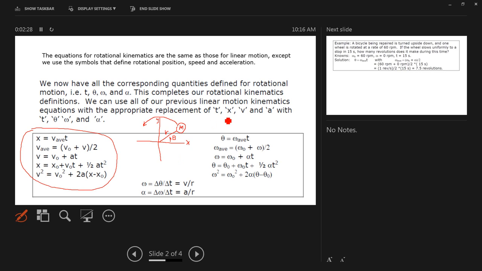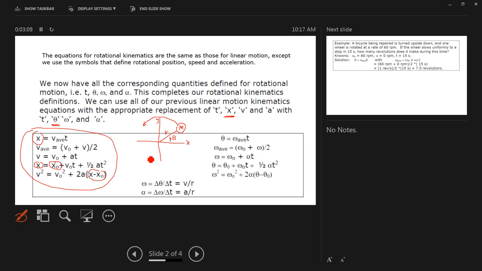So instead of using the position X to define the location of an object, we'll use the symbol theta. Everywhere you see an X in your kinematics equation, whether it's X by itself or X with a subscript 0 on it, we're going to replace that with a theta and keep the subscript 0 to indicate it is the original position.